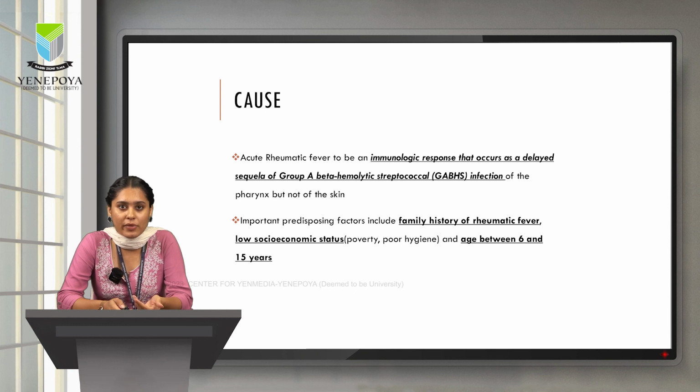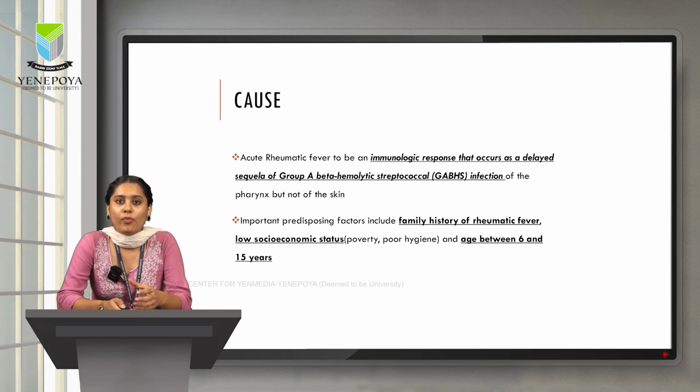Acute rheumatic fever is an immunologic response that occurs as a delayed sequelae of a group A beta hemolytic streptococcal infection of the pharynx. Whenever this infection affects the pharynx, acute rheumatic fever occurs as a late sequelae.